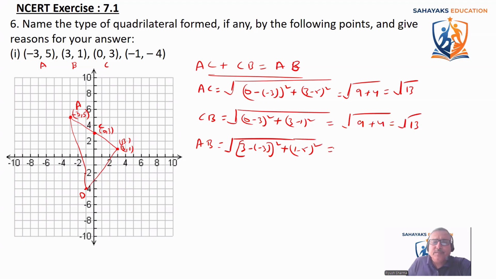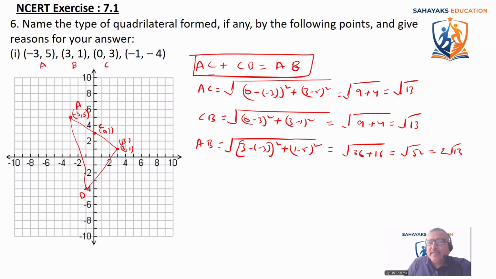So it comes out to be the square root of 6 square, which is 36, plus minus 4 square, which is 16. So it comes out to be the square root of 52. Because it is 4 into 13, we can write it as 2 root 13. So this part is proved that AC plus CB is equal to AB.